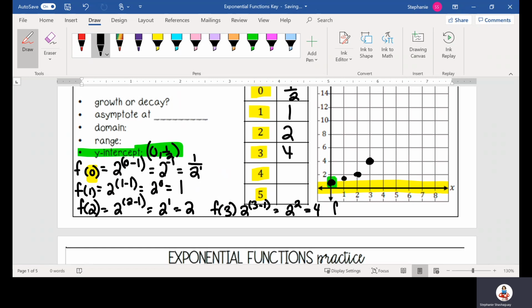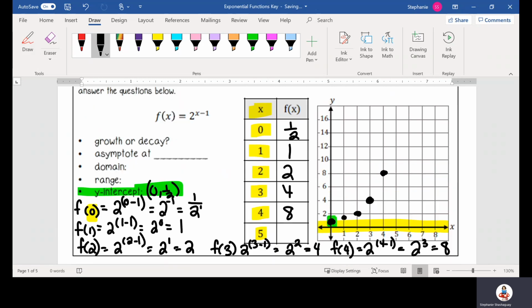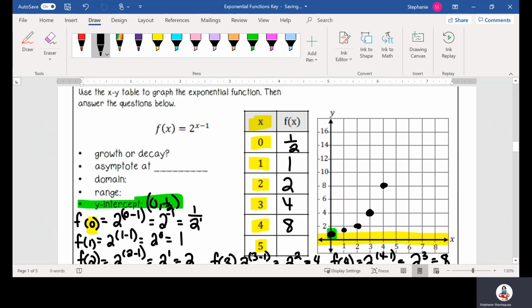I'm going to find f of 4. So 2 to the 4 minus 1 power, which is equal to 2 to the 3rd power. So all I have to do now is multiply that 4 times 2 again, and I'm going to get 8. So when my input is 4, my output is 8. And I need to do f of 5 as well, so I'm going to do that along the top up here.